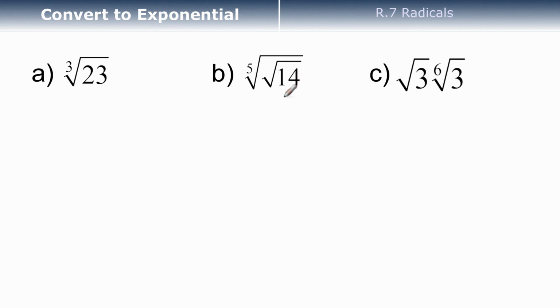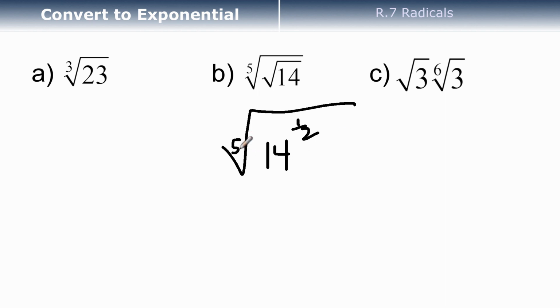A couple more questions. Maybe I'll do this one here. It says the fifth root of the square root of 14. So there's 2 right in a row there. Let's change them to fractional exponents. Let's change the 14 first. The square root of 14 would be the same thing as 14 to the 1/2.